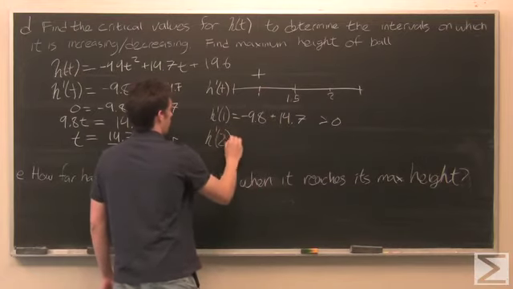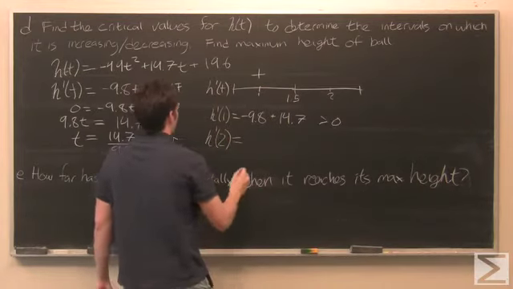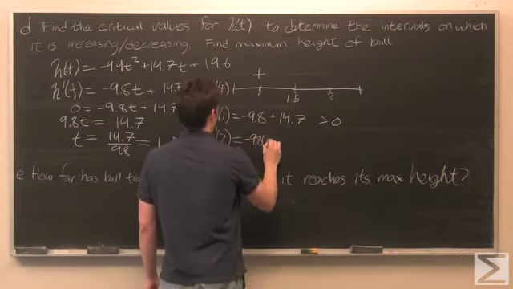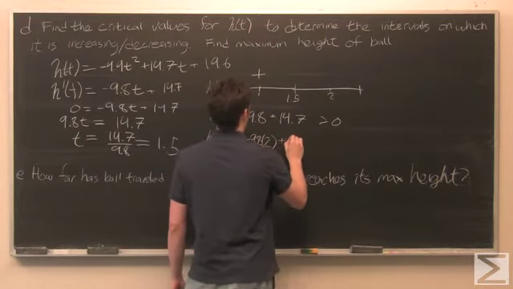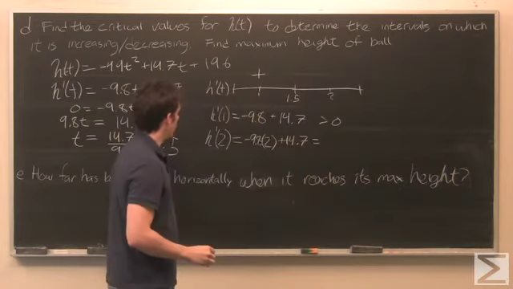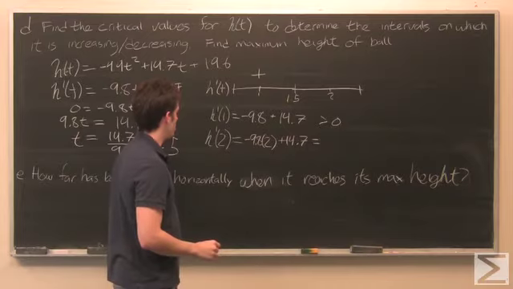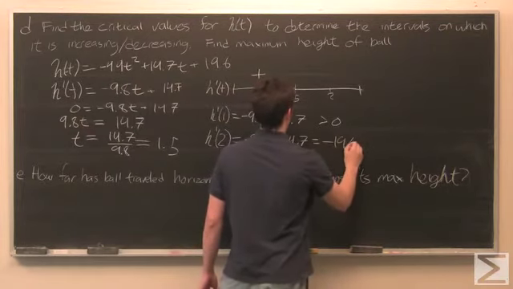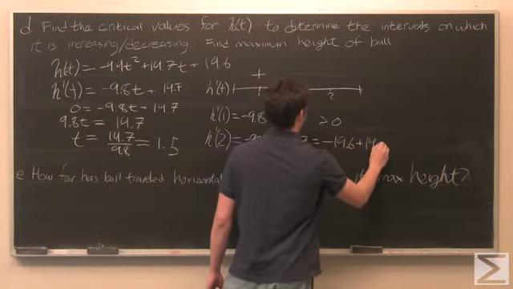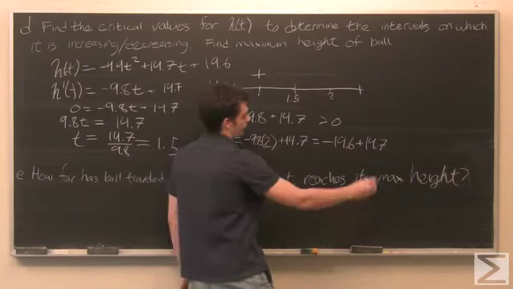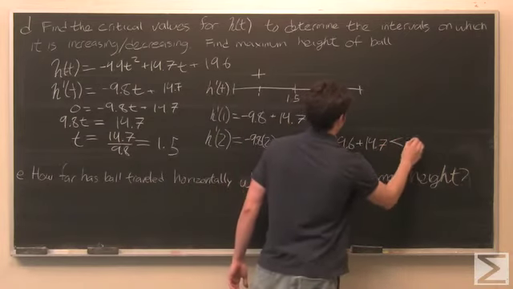And then let's look at h prime of 2, which is going to be negative 9.8 times 2 plus 14.7. 9.8 times 2 is 19.6. Here, the negative term is larger than the positive term, so it's clear that this is less than 0.